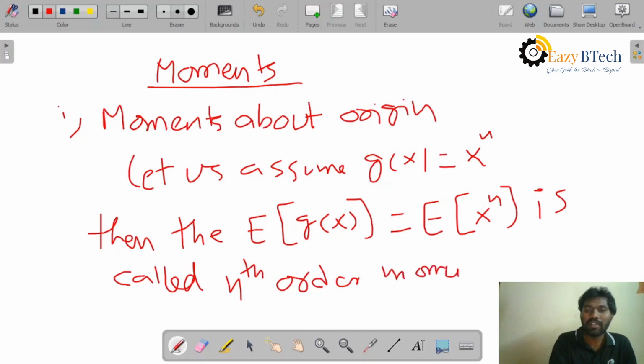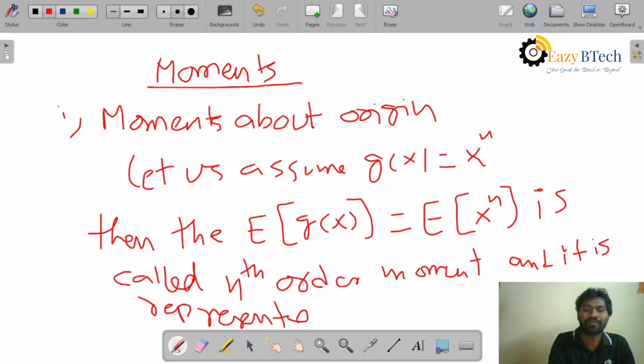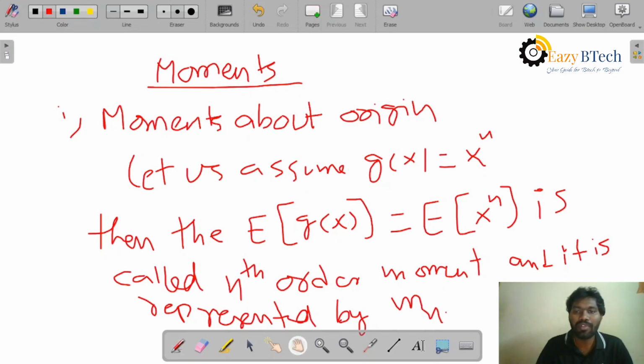It is called the nth order moment because the power of x here is n, and it is represented by small m subscript small n. So this is what we mean by moments about the origin.